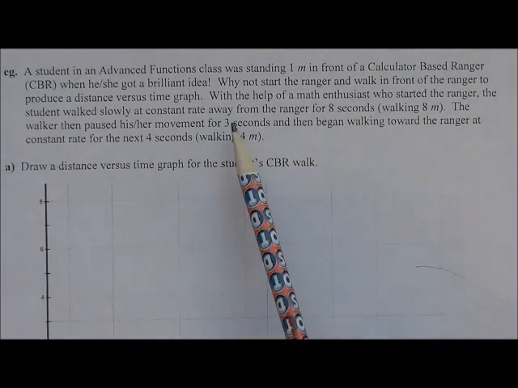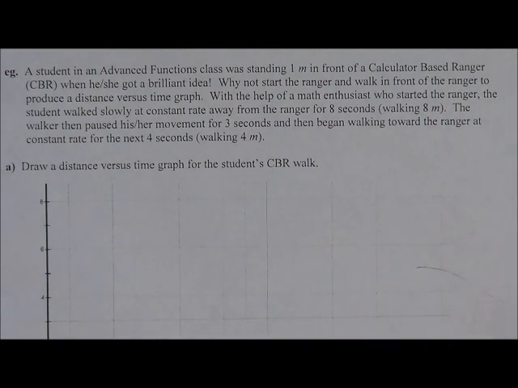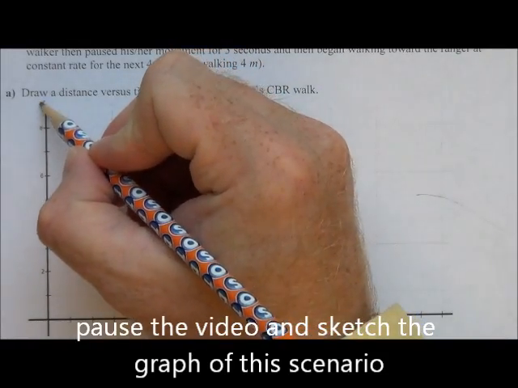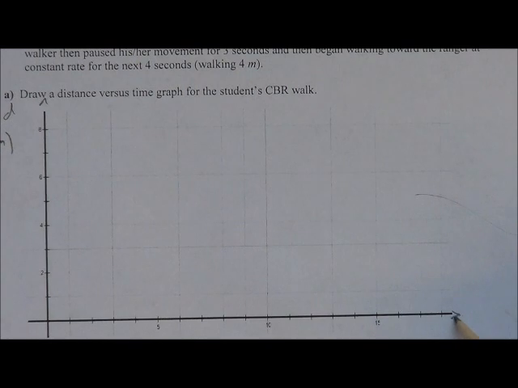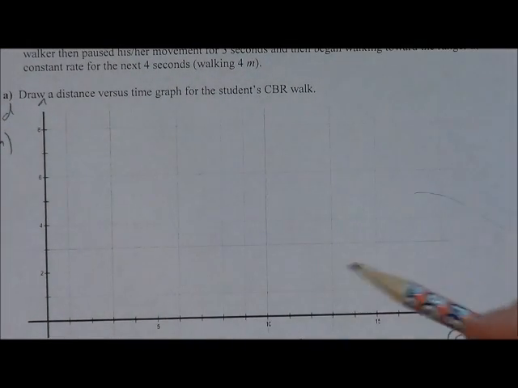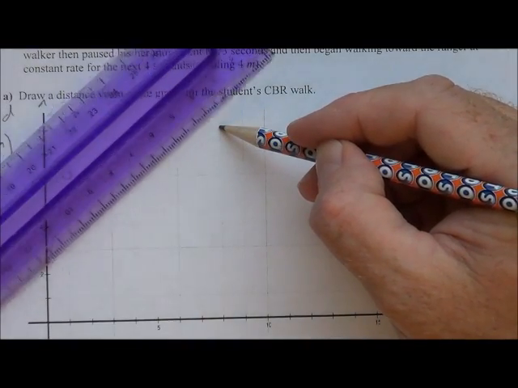So for the first 8 seconds, they walk 8 meters at a constant rate. We know this is distance in meters. This is time in seconds. And so it goes 8 meters in 8 seconds.